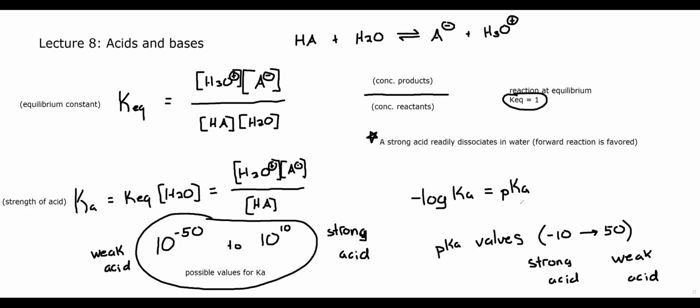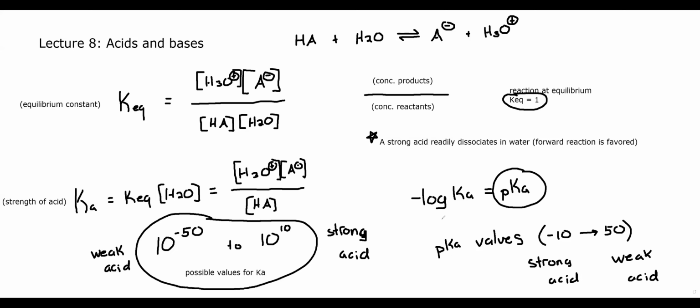Okay, so both pKa and Ka are ways to represent the strength of an acid. We are going to be using pKa to represent the strength of an acid because we want to work with simple whole numbers like -10 to 50 rather than numbers like 10 to the -37th power. Okay, we don't want to have to write numbers like that.